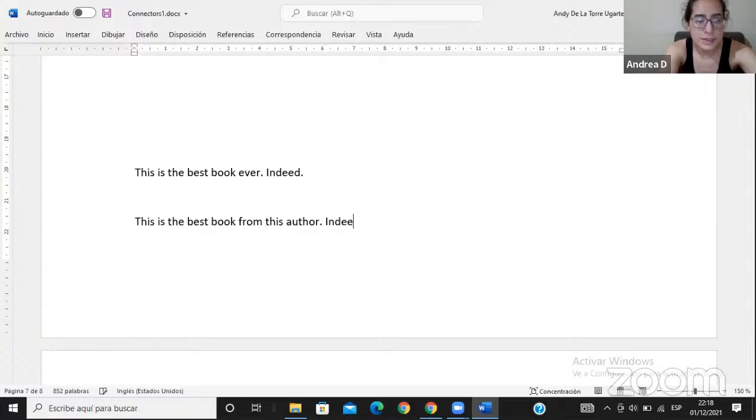And then you can say, indeed, it is the best book from any author. So it's like you're adding something. You could say, this is the best book from this author. In fact, it's the best book from any other author. Or actually, you're kind of correcting what you already said or explaining it a bit more.